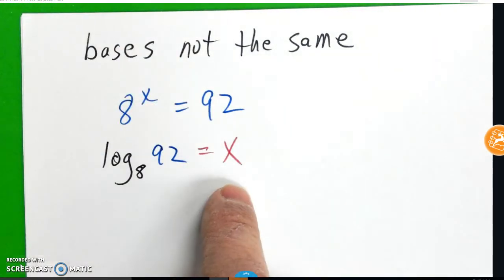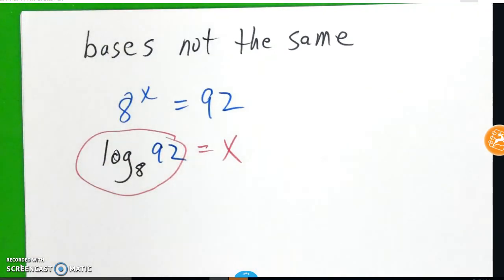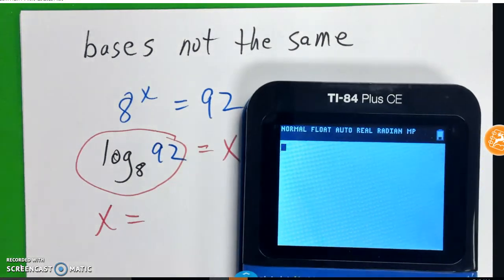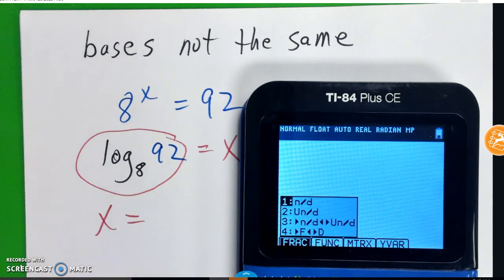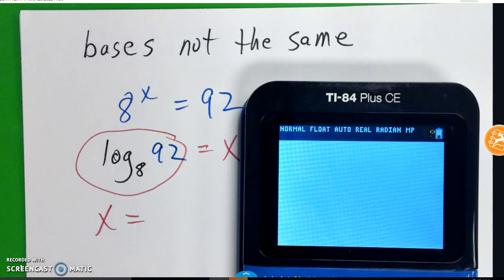Well, hey, x is what I wanted to know. I can do log base in the calculator. Let's just put x on the left because that's where I like it. Let's pull out the calculator. We're going to go second, y equals. We're going to hit the function tab, go down to number 5, log base 8 of 92.